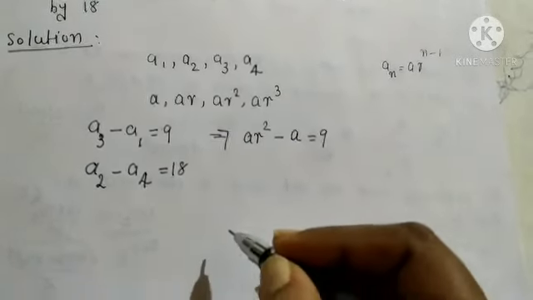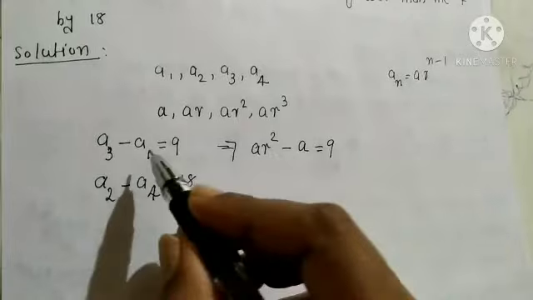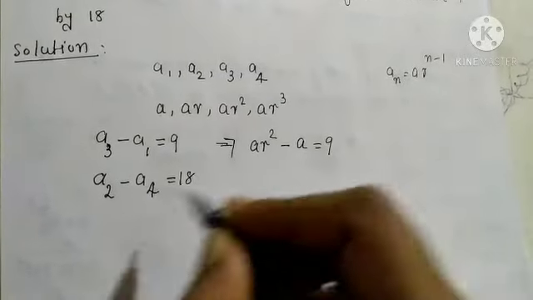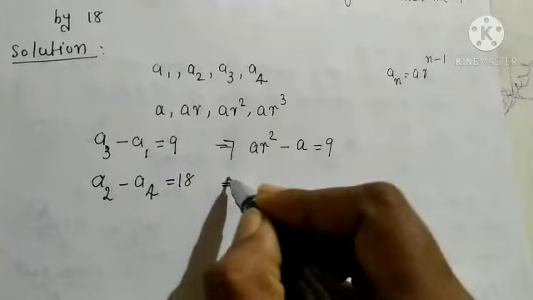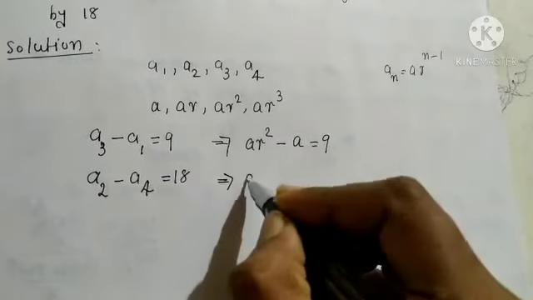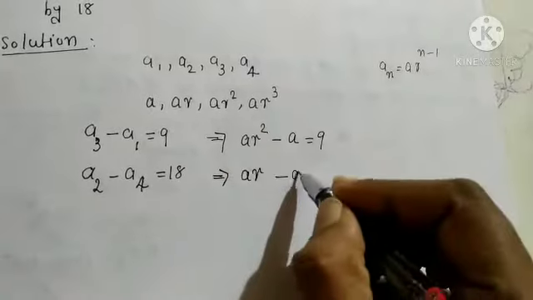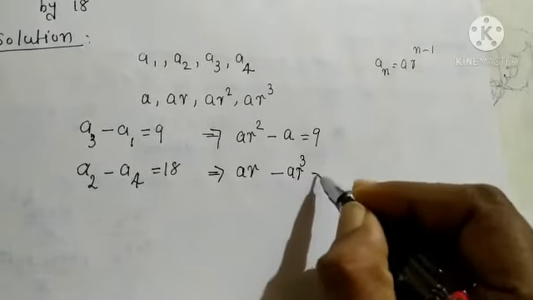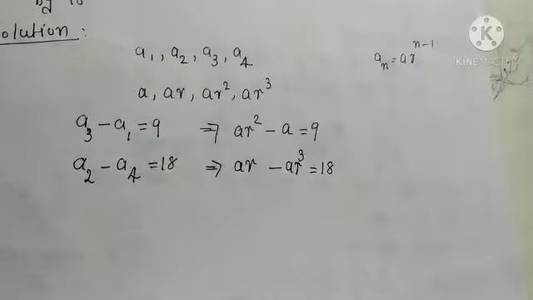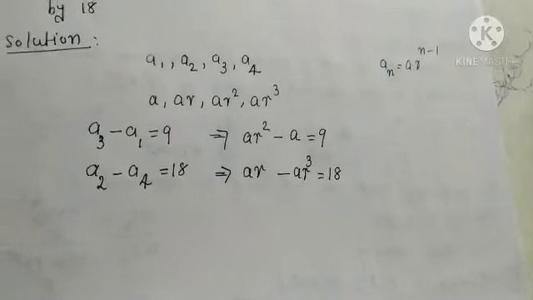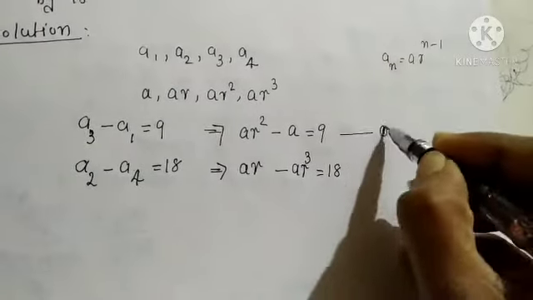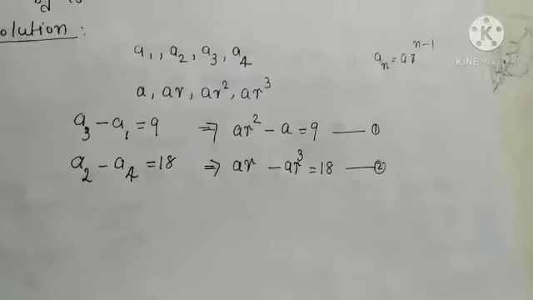Similarly, the second term can be replaced by ar minus the fourth term replaced by ar cube equal to 18. Let us name these equation number 1 and equation number 2.